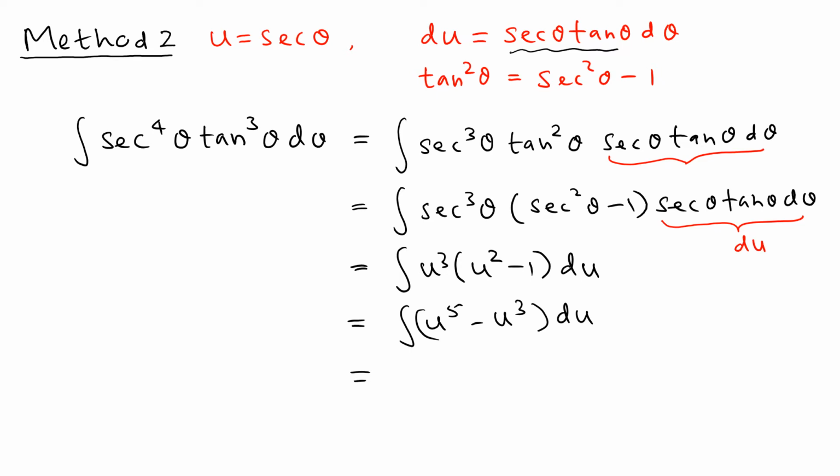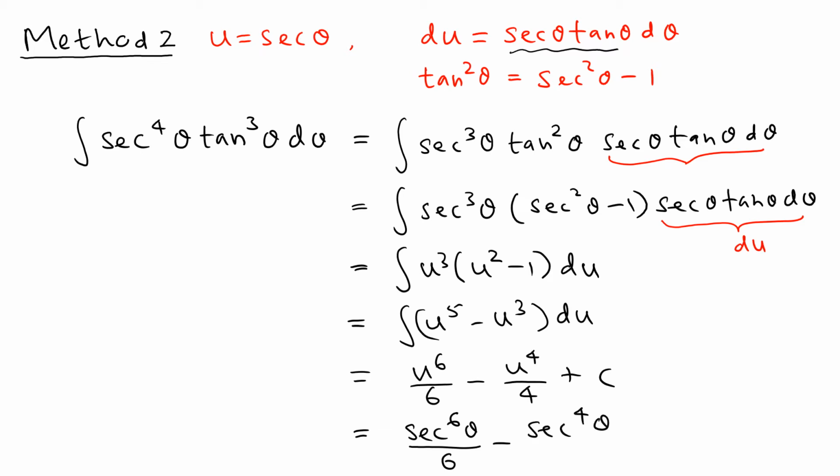If you integrate, you get u to the 6th over 6 minus u to the 4th over 4 plus c. Now you substitute back from secant, so this is secant 6th theta over 6 minus secant 4th theta over 4 plus c.